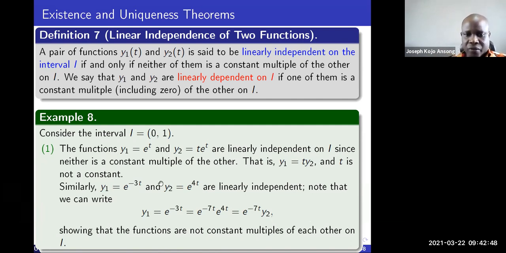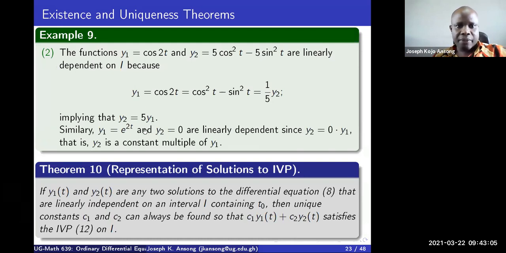So these are just two examples of linearly independent functions. We'll look at theorems that tell you how you can test to check that given functions are linearly dependent or independent. We'll look at that general case later.